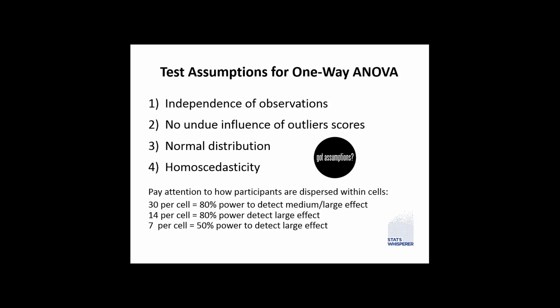You see at the bottom, it's 7 per cell. We want 80% power to detect an effect. It goes down to 50% power when there are 7 per cell. So it's nice to have a good number, and it's nice when they're more evenly distributed in the categories. Just something to keep in mind.